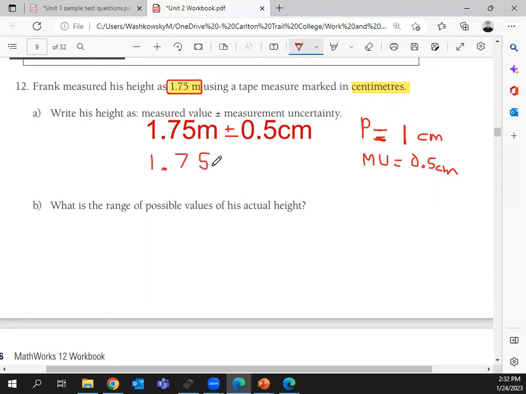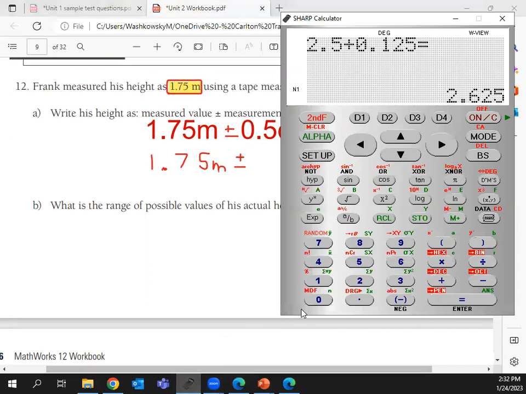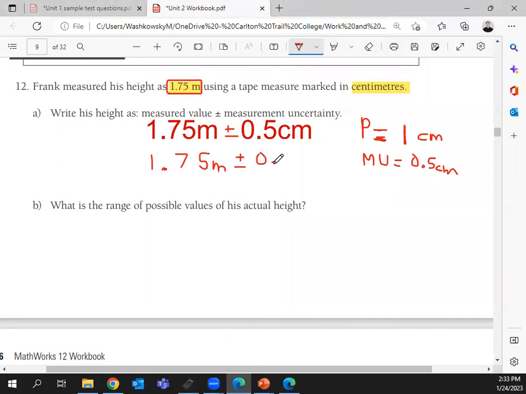So 1.75 meters plus or minus 0.5 divided by 100, 0.005. So 0.005 meters. So now everything's in the right units. That is my final answer there.